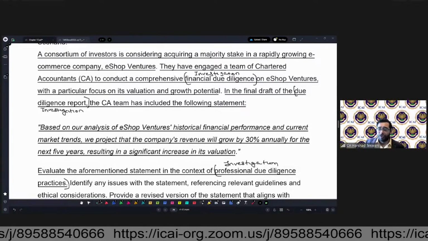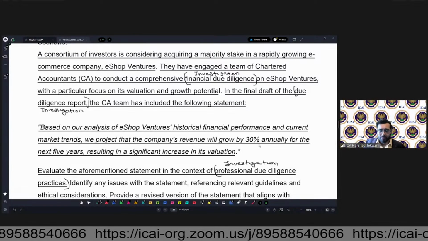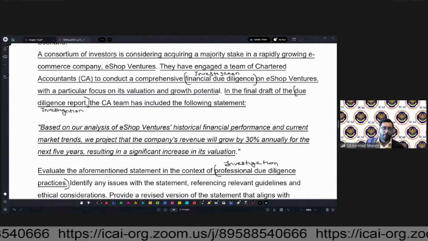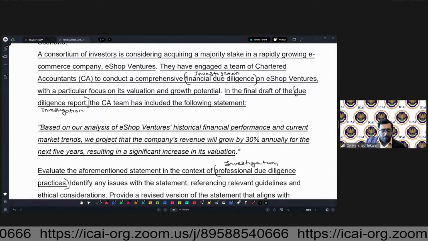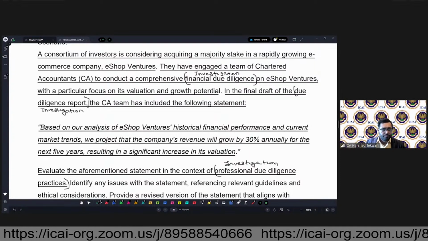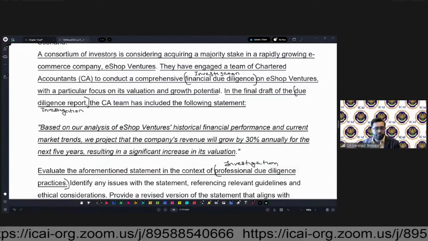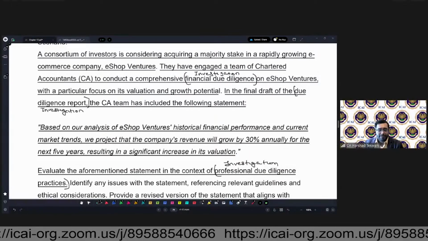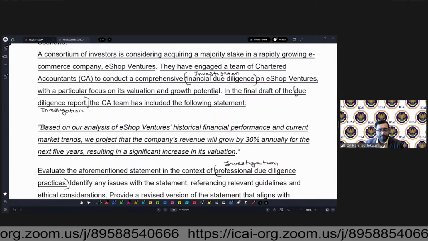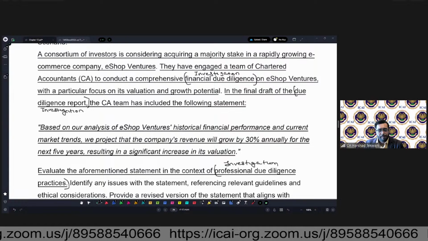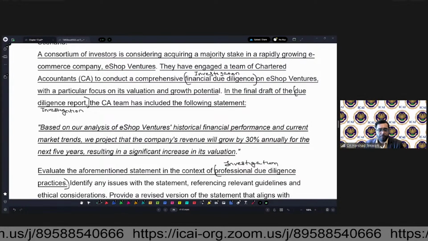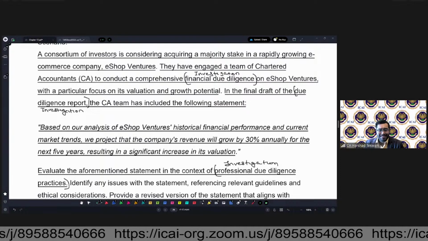Very good, Abhirakesh. Come on, guys. What is the problem in this statement?